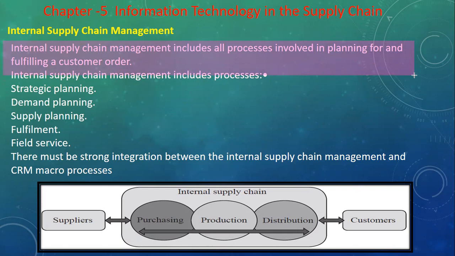Internal supply chain management includes strategic planning toward procurement, production, and distribution. This planning needs to be made in such a way that the company and organization will get the optimum level of output, we can say the optimum level of profit.